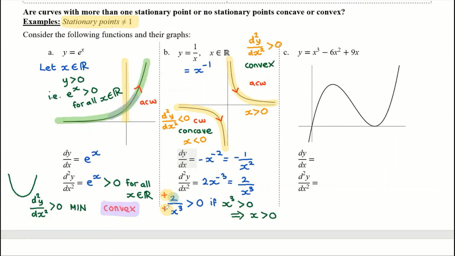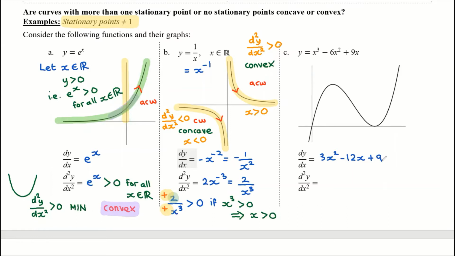And now we're going to have a look at situation number 3, where we have a cubic. And we'll just quickly differentiate this and get straight to the point. So differentiating this, we have 3x squared, subtract 12x plus 9. Okay, this is the one we saw earlier.